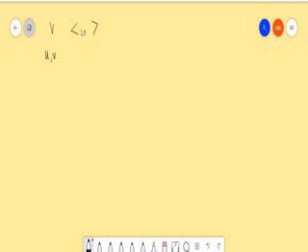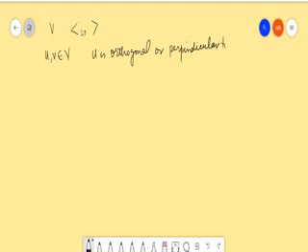If we pick any two elements from this vector space, then we say that U is orthogonal or perpendicular to V if their scalar product is 0.